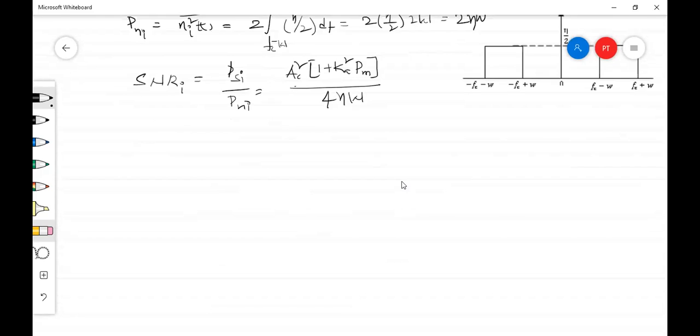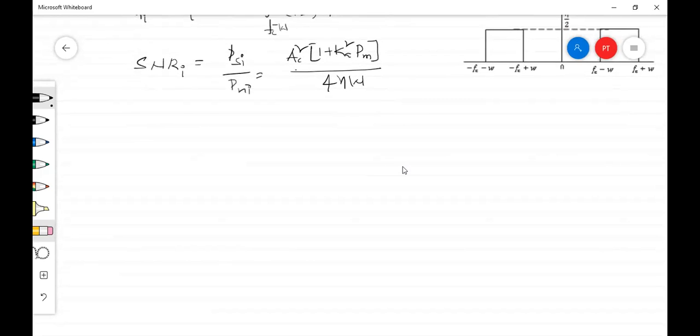Okay, how can that be done? For that, we write the input to the analog detector in a convenient form. So what is the input to the analog detector?